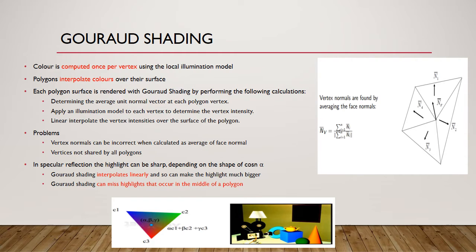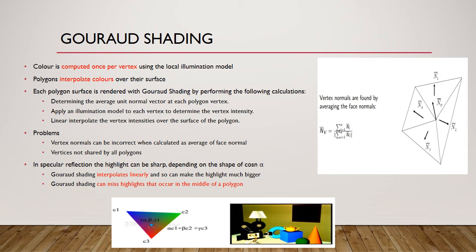As you can see in the figure, you have C1, C2, C3 as vertices, and the illumination values computed at C1, C2, and C3 are interpolated, and in the center you get a value alpha C1 plus beta C2 plus gamma C3, which is the interpolated value of all three vertices.